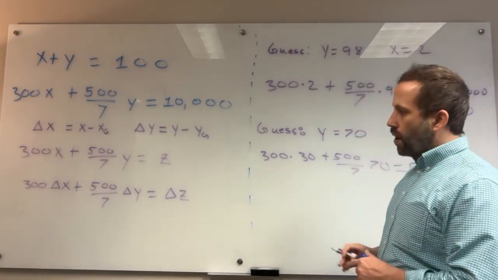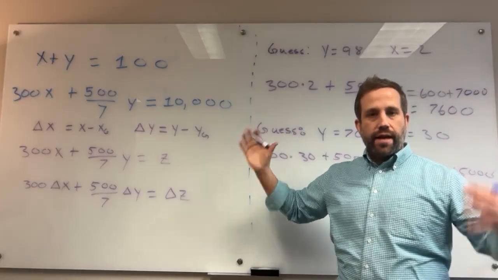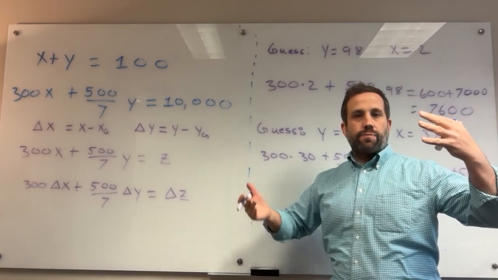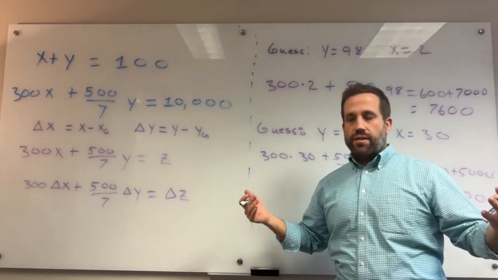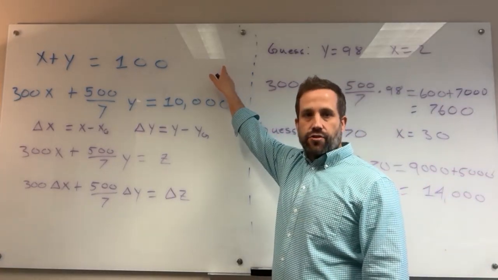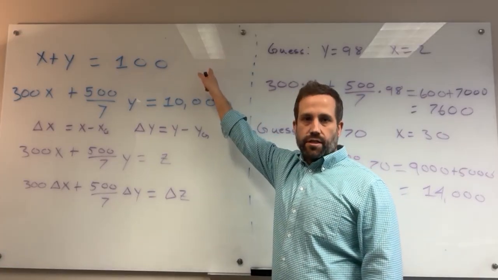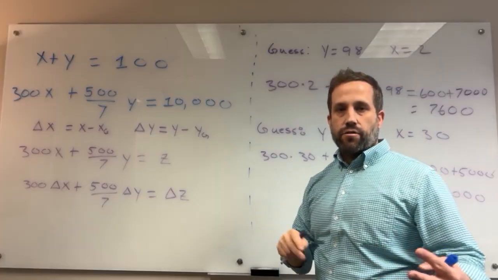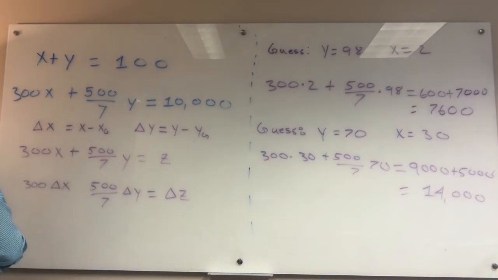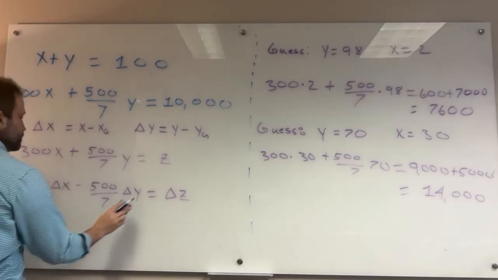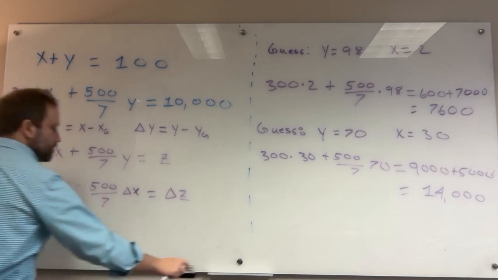Okay, so now what does this tell us? Well, because we know x plus y is 100, if we increase x by 10, we have to decrease y by 10. So delta y is just equal to negative delta x, if we have this constraint. In general, of course, they're independent, but if they're coupled together with this constraint, delta y and delta x are just negatives of each other. So I can put a minus sign here and make this delta y a delta x.